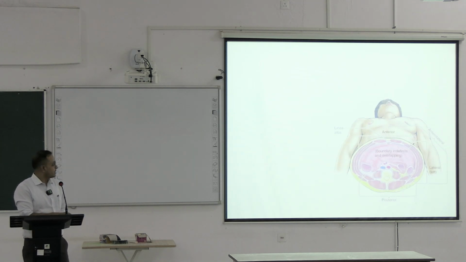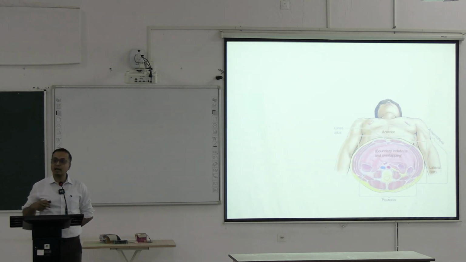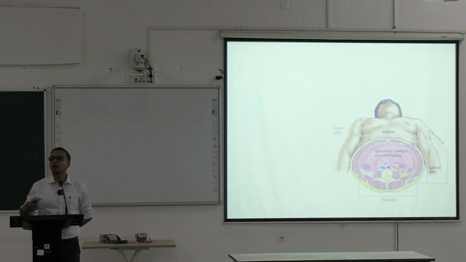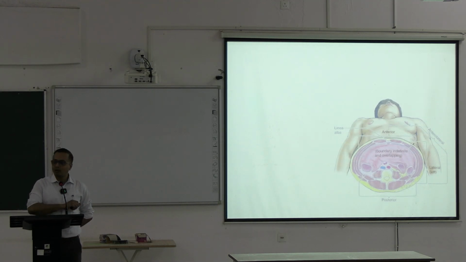The parietal layer covers the body wall: the anterior abdominal wall, lateral abdominal wall and posterior abdominal wall. The layer lining those abdominal walls we call the parietal layer. Another layer we call the visceral layer, which covers the organs or viscera, the abdominal organs, pelvic organs, whatever is there.